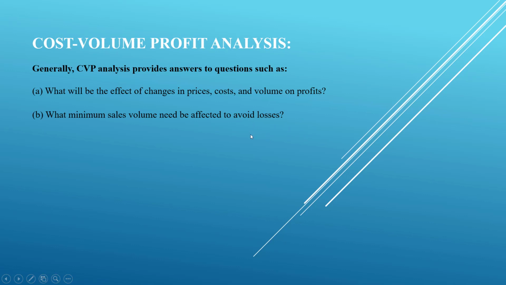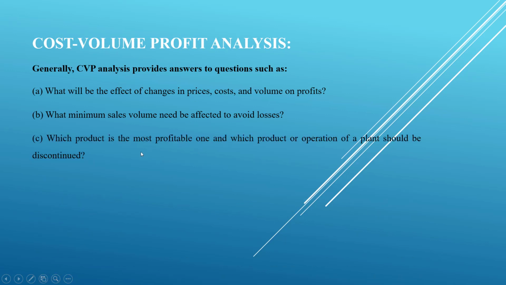So in order to avoid those losses, there should at least be a break-even of the sales and the cost in such a manner that the sales and the cost are equal, so that you don't get any profit or any losses. To understand this minimum sales volume, and how to avoid those losses, CVP analysis is used.